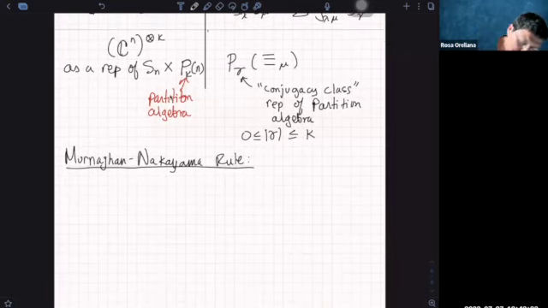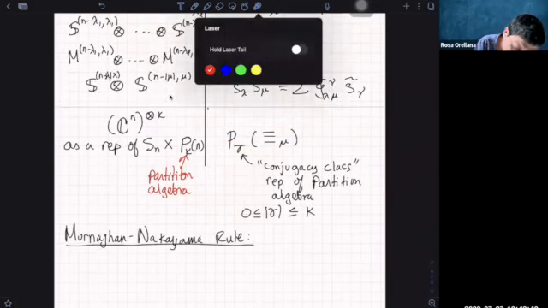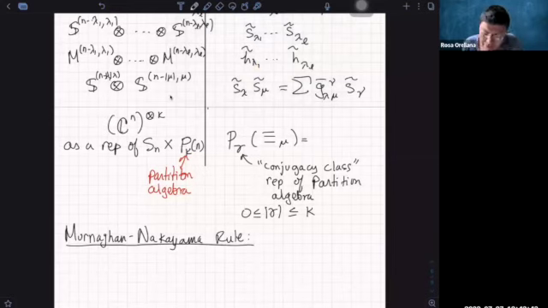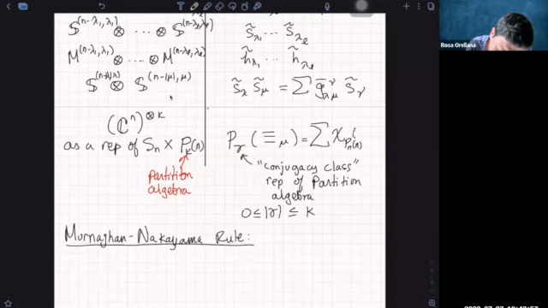I told you that's how the whole project began: this will actually turn out to be characters of the partition algebra, if you evaluate it at some representative elements, with some lambda, and then you had S tilde lambda evaluated at the eigenvalues.